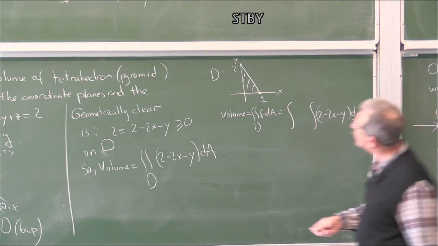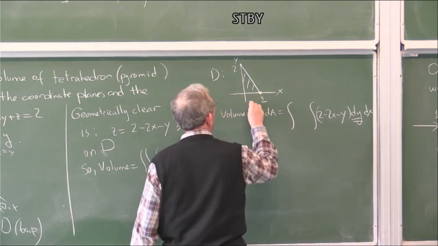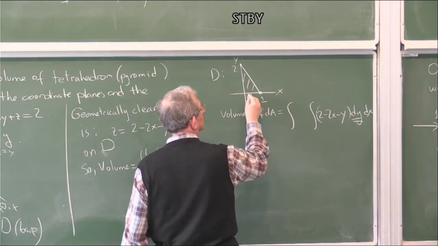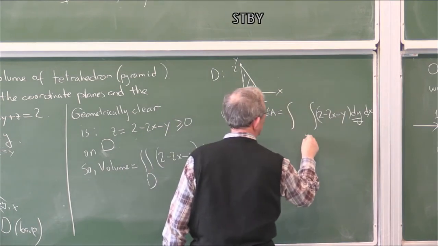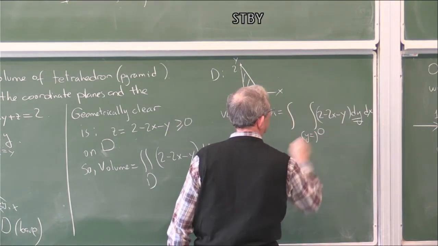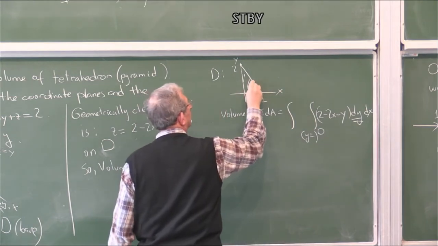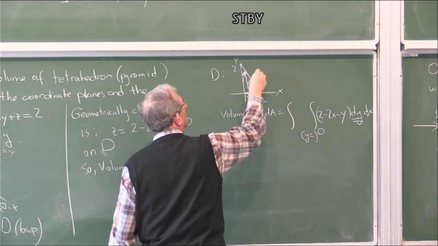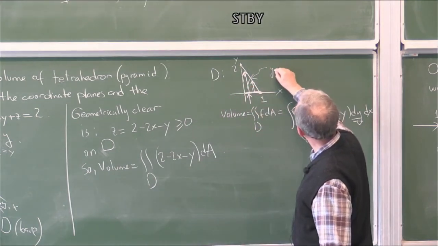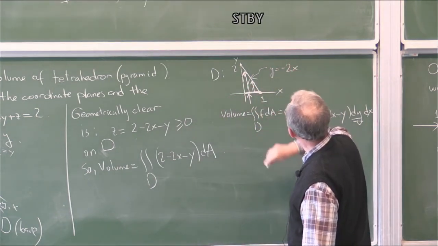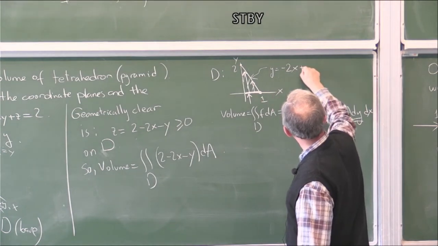That means we look in the direction of y. So clearly, we start from the curve y is 0, and we leave from this curve, which would be y is minus 2x plus 2.